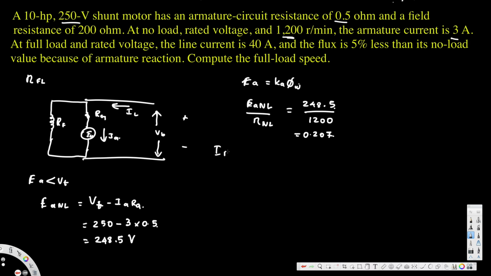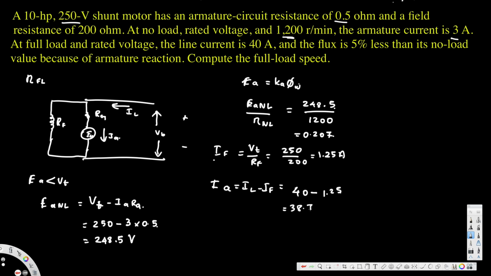And IF is equal to VT over RF. VT is 250 divided by 200, that is equal to 1.25 ampere. Now IA is equal to IL minus IF. I load is equal to 40 minus IF, which is 1.25, and that gives us 38.75 ampere.